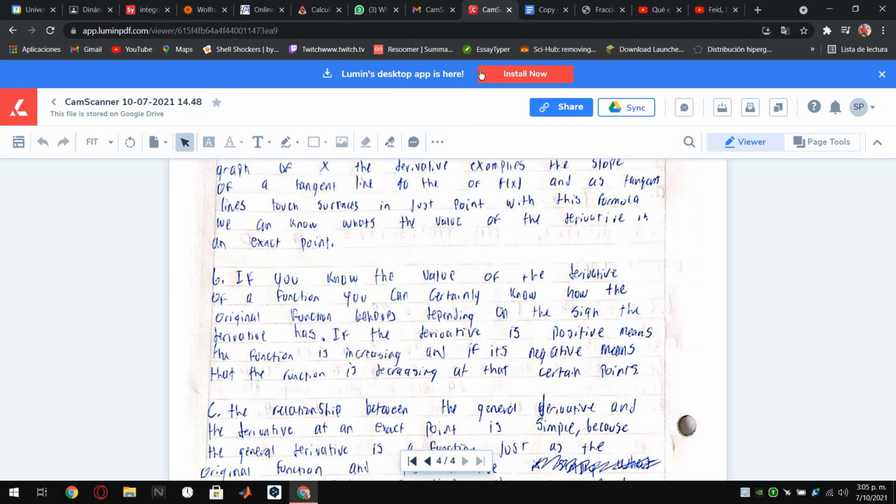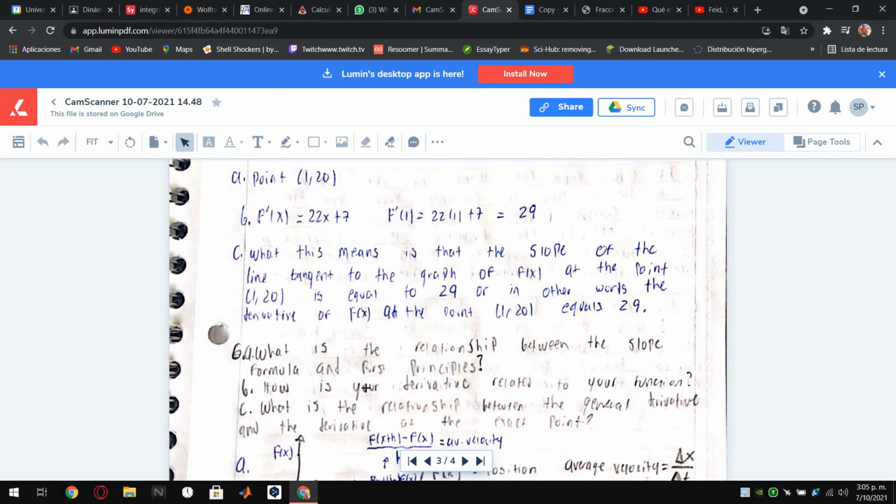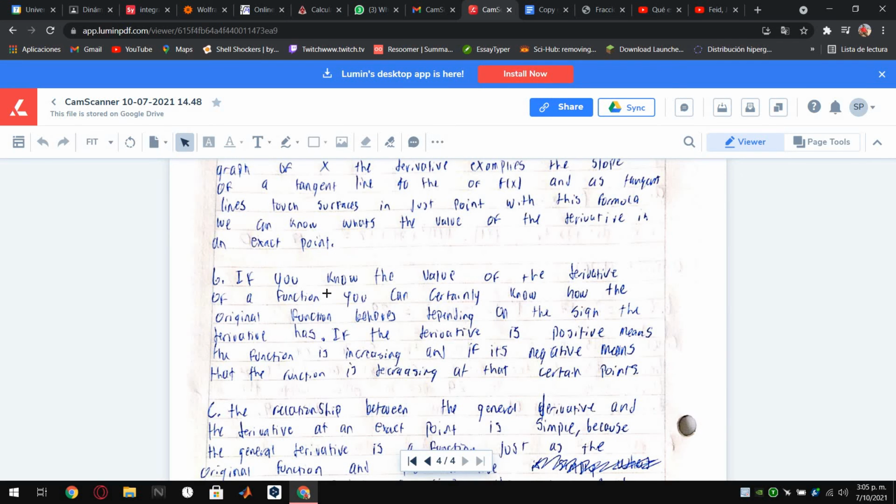The next question says: how is your derivative related to your function? The derivative tells us very important information about the function, because if you know the value of the derivative, you know how the original function behaves.